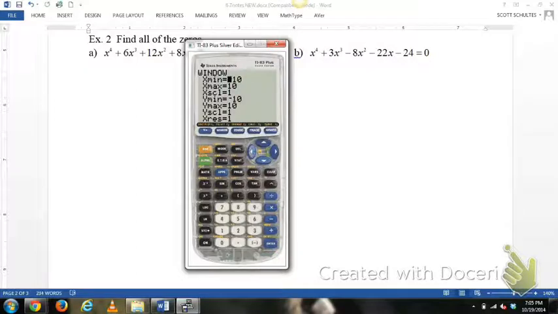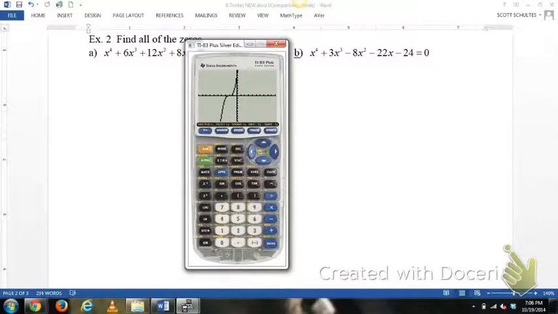The x scale is just what you're counting by. On the x-axis, it's going to count by ones. Y min is -10, y max should be 10. That's the lowest and the highest on the graph, from -10 to 10, and the y scale is 1. We should leave that. If it's set how it looks here, hit graph, that button all the way on the right.